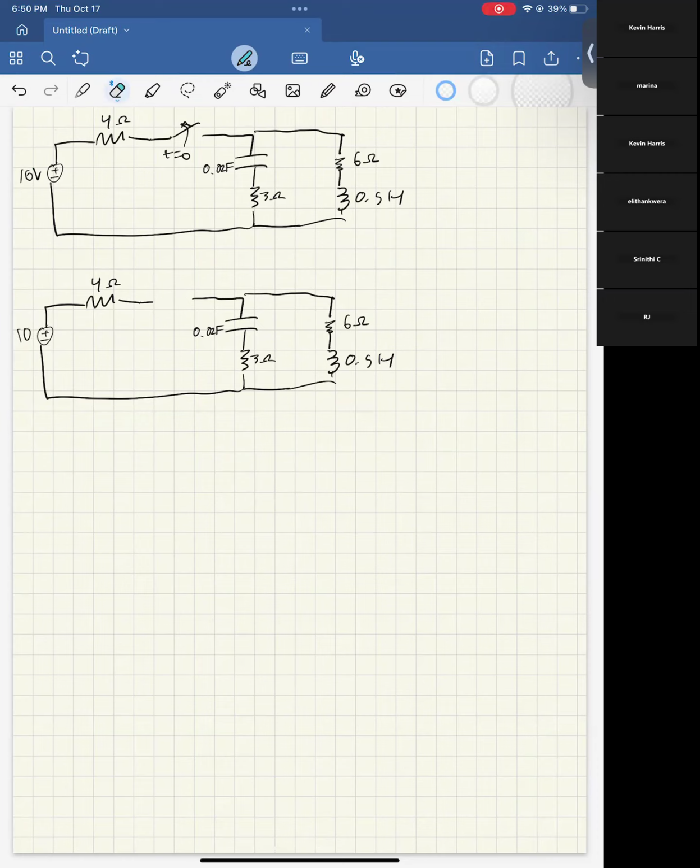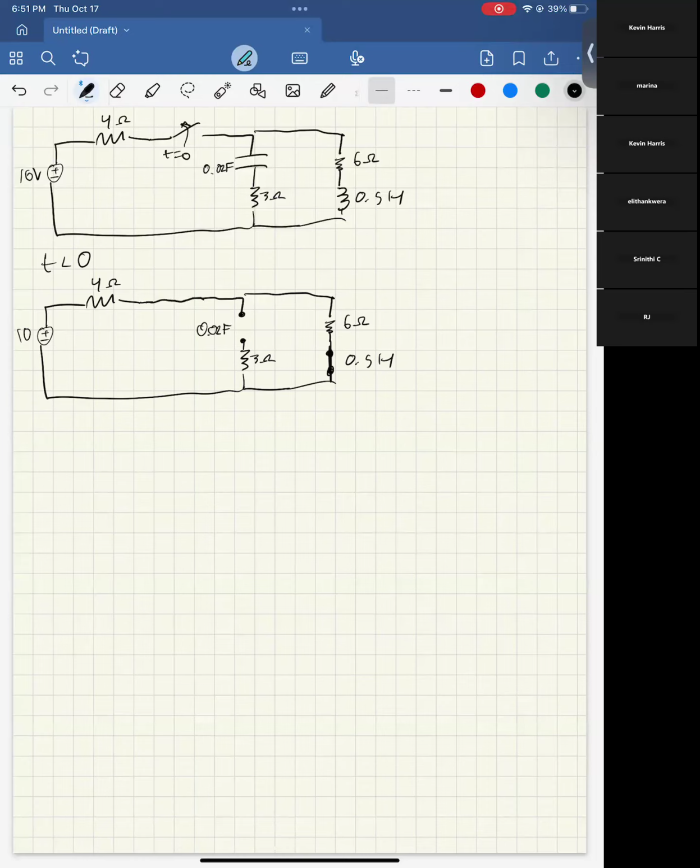This is a wire. And then I'll fill in the models for the capacitor and the inductor here. So the capacitor is an open circuit. So this is t less than 0. And this is a wire. Hopefully you are all familiar with that by now. And this is connected because the switch is closed.